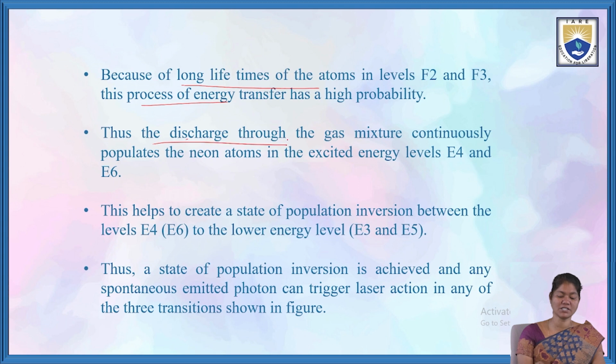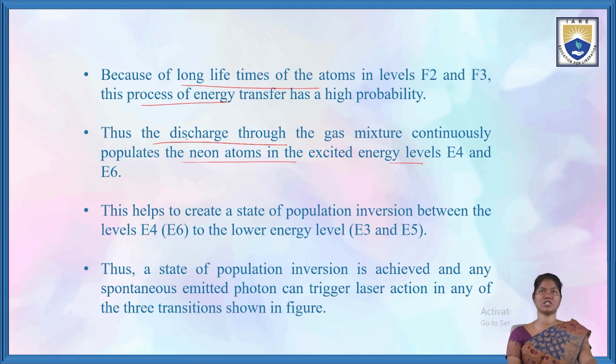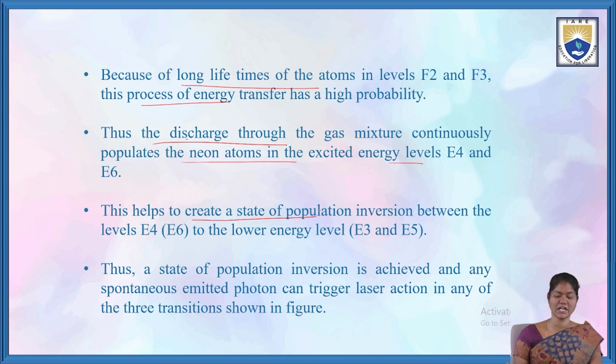Thus, the discharge through the gas mixture continuously populates the neon atoms in the excited energy levels E4 and E6. This helps to create a state of population inversion between the energy levels E4 and E6 and the lower energy levels E3 and E5.